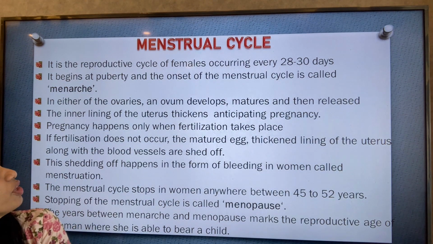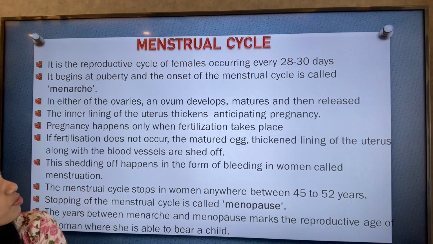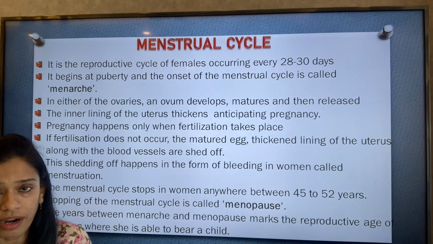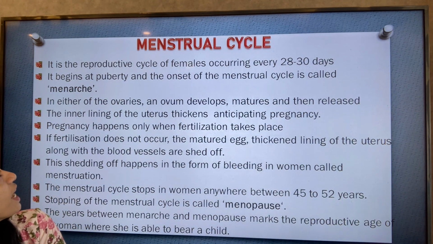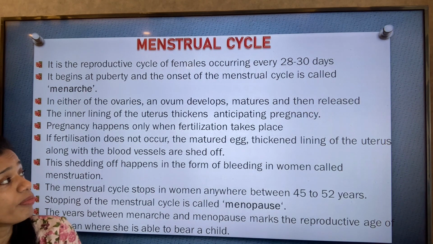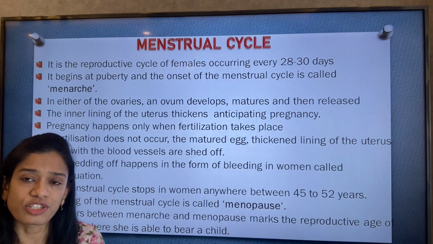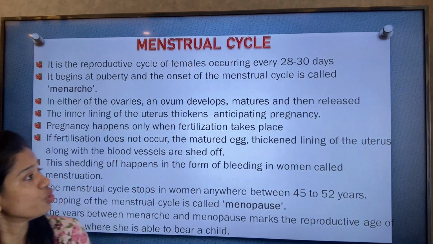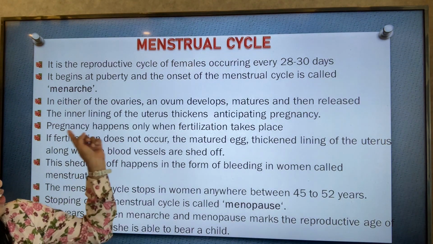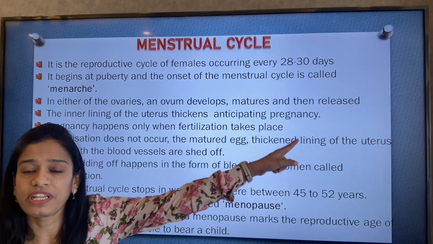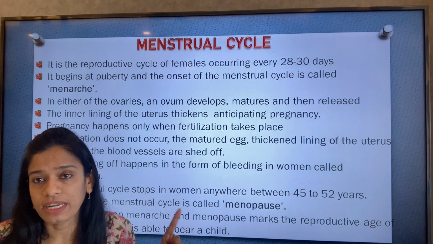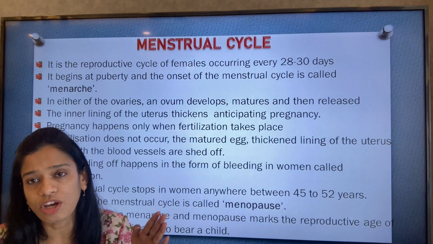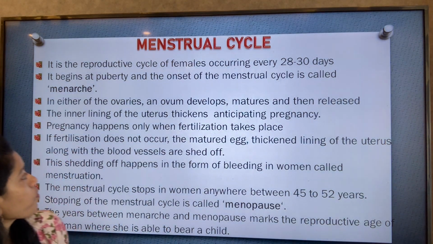It begins at puberty, and the onset of the menstrual cycle is called the menarche. In either of the ovaries, an ovum develops, matures, and is then released into the fallopian tube, and the inner lining of the uterus thickens, anticipating pregnancy. So every month the uterus anticipates pregnancy and thickens the inner lining of its wall, the endometrium.